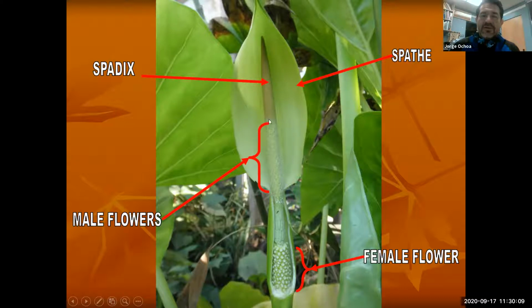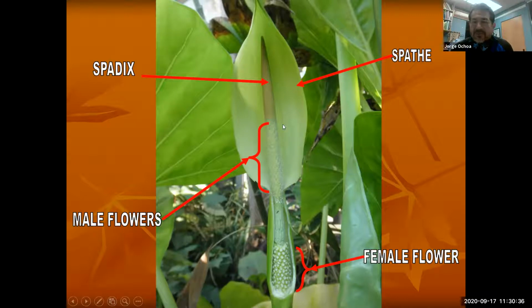And then below the top of the spadix, we're going to find flowers that are not going to be bisexual or perfect, in that they're only going to produce either pollen or an egg. And so right below the top of the spadix, we're going to have the male flowers that are going to produce pollen. And below that, we are going to have the female flowers, which only have a stigma and the ovary with the ovule.